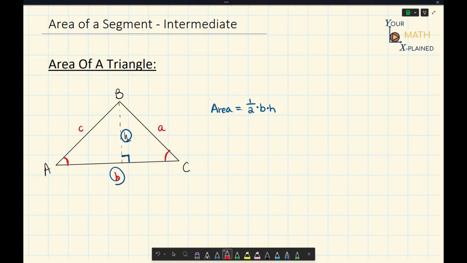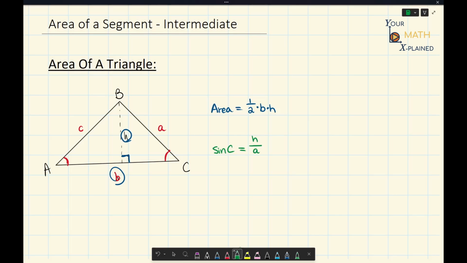If you recall your trigonometric ratios from previous classes, we know that sine C is equal to opposite over hypotenuse. In this case, the opposite is going to be the height, and the hypotenuse is going to be our lowercase a.